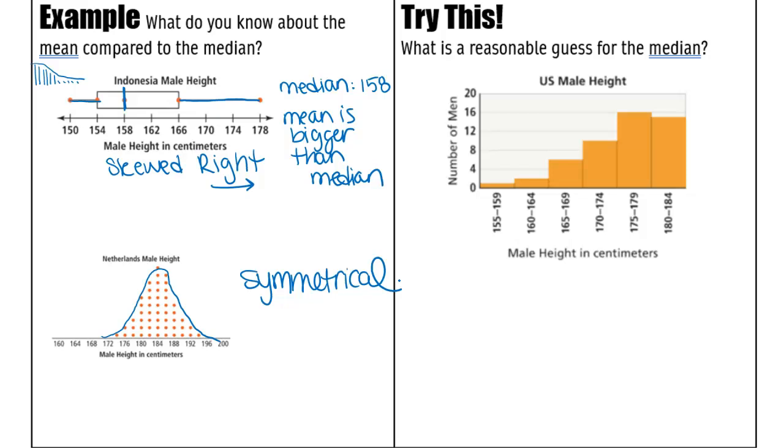When something is symmetrical, we know that the mean is equal to the median. And again, we could calculate those exactly, but we don't need to. We just want to compare the mean to the median. So they're about the same in this situation. Okay, now you can go ahead and try this. What is a reasonable guess for the median?